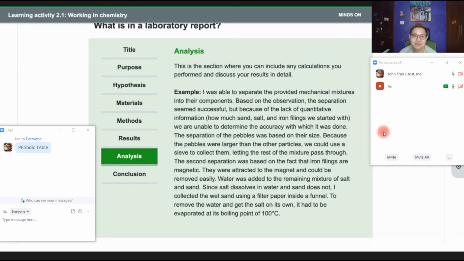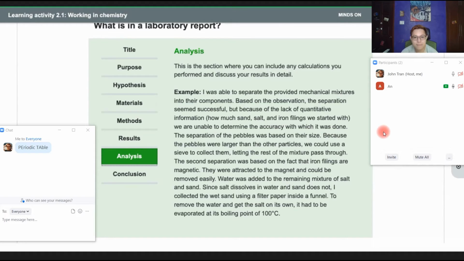The separation seems successful, but because of the lack of quantitative information, like how much sand, salt, and iron filings we started with, we are unable to determine the accuracy with which it was done.